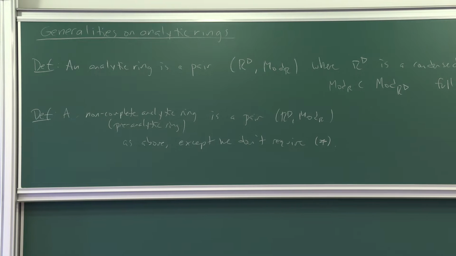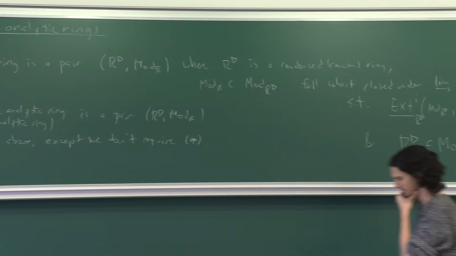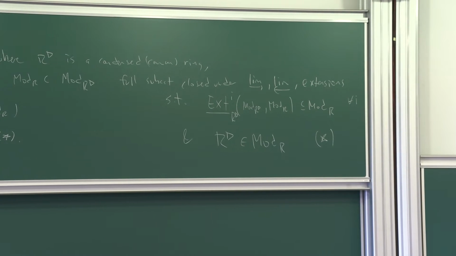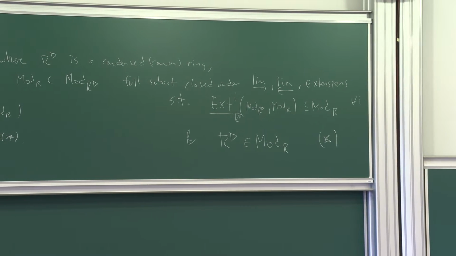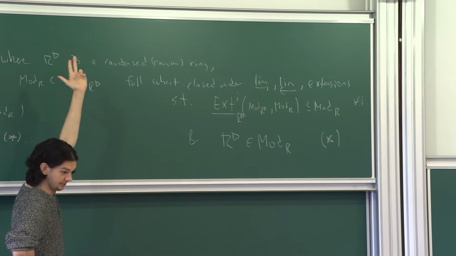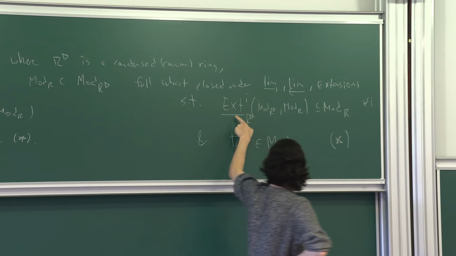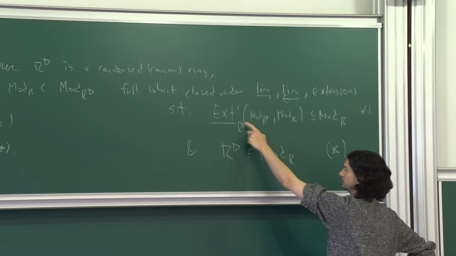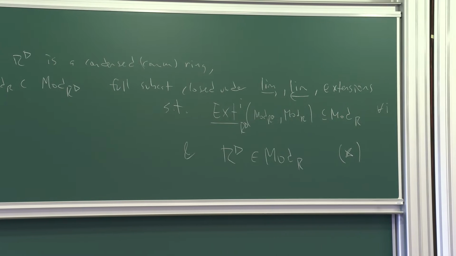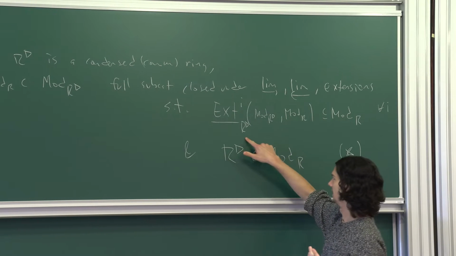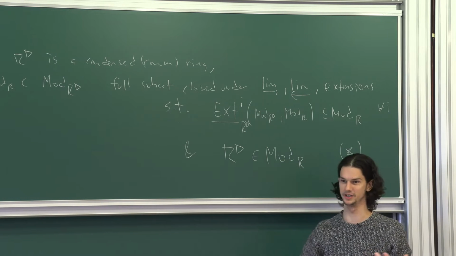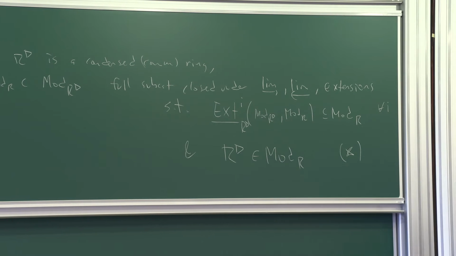So what's the reason for considering this relaxation? It plays a technical role. Because, for example, if you want to produce an analytic ring structure on an interesting condensed ring, then a priori you have to control some Ext groups in the category of R triangle modules. And that can be quite complicated to do because a priori you would have to understand the homological algebra of condensed R triangle modules before you can get going on such calculations.